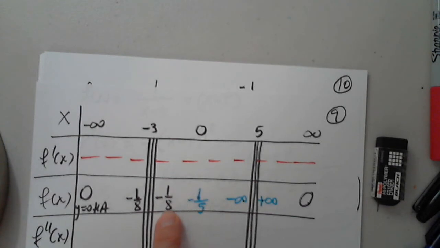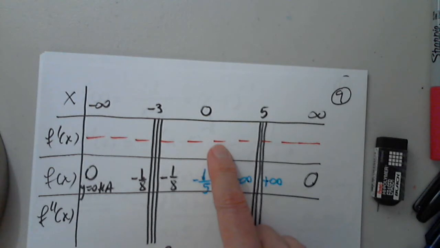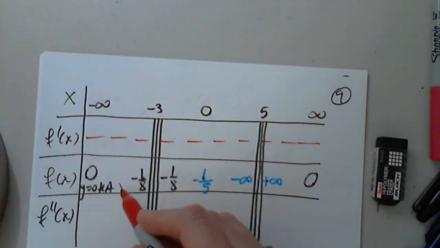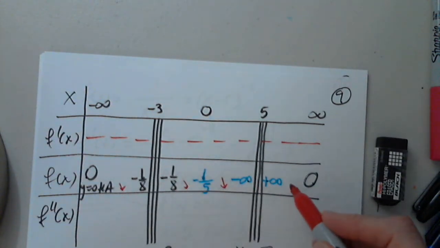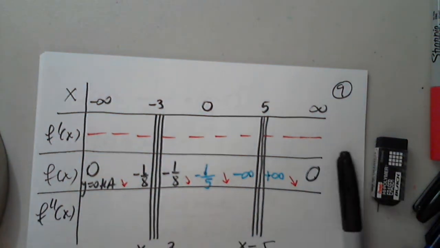So this is negative 1.25 and this is negative 0.2. Is it decreasing? Yes, negative 1.25 is smaller than negative 0.2, and it's going to negative infinity. So it's decreasing, and that's supported by the sign of the first derivative. From positive infinity to 0, the function is constantly decreasing, and that's supported by the sign of the first derivative.